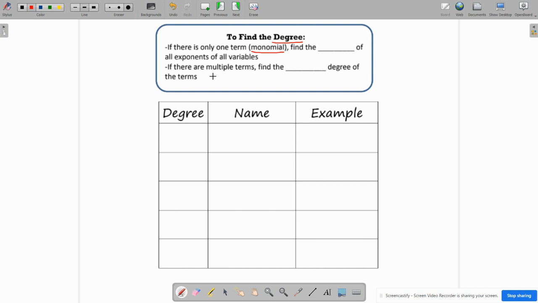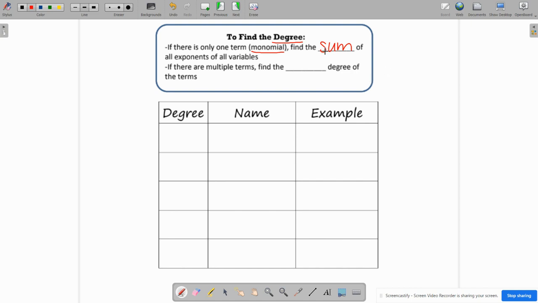So some other type of polynomial. It could be a binomial, trinomial, or a polynomial. So if we're talking about only one term for a monomial, in order to find that degree, we're going to find the sum of all exponents of all variables.